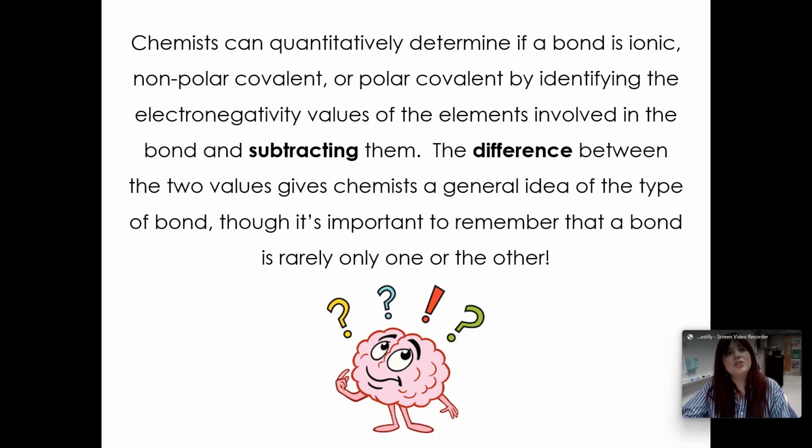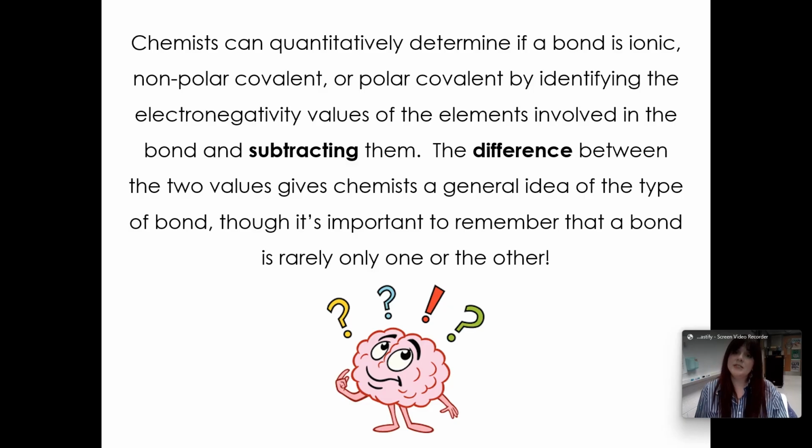So what chemists can do is they can quantitatively determine if a bond is ionic, nonpolar covalent, or polar covalent by looking at the electronegativity values. And we can subtract these values from one another. It doesn't matter which way you subtract it as long as you get a positive value. The difference between those two values, so after you subtract them, you get a number.